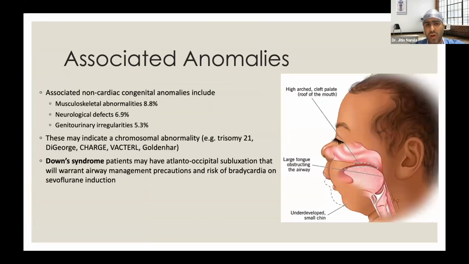Most of them may also have associated anomalies, which may indicate a chromosomal abnormality like trisomy 21, DiGeorge syndrome, Turner, and other congenital syndromes. Down syndrome patients have atlantoaxial occipital subluxation that will warrant airway management precautions and risk of bradycardia on sevoflurane induction. So we need to be very careful about patients who are syndromic.